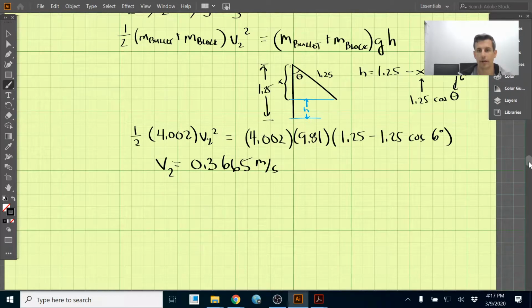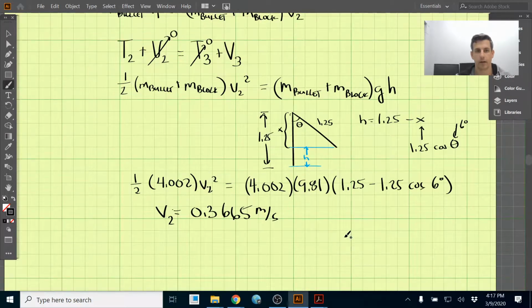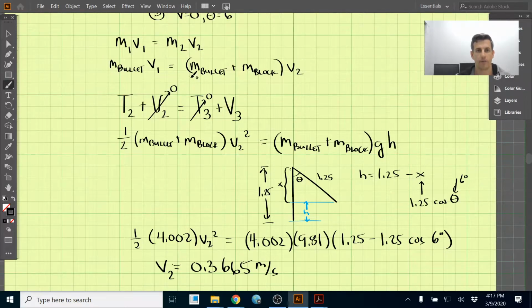Now we can go back and look at our conservation of momentum equation. We have just solved for V2, and now we're solving for V1.